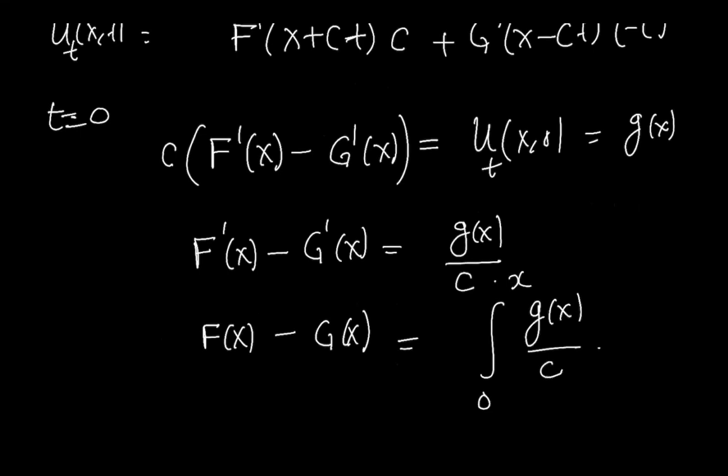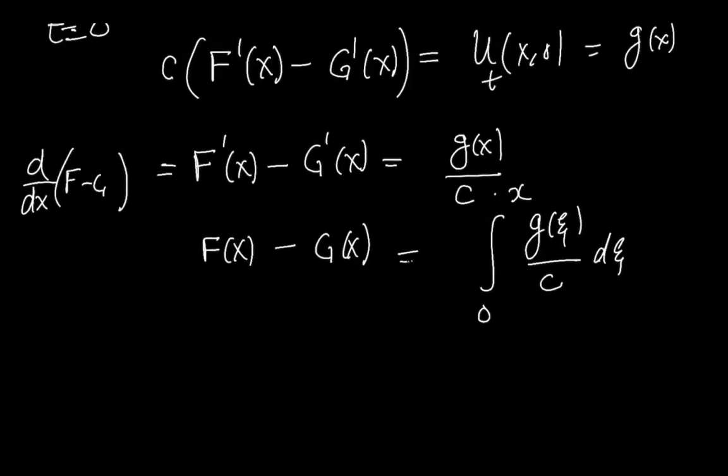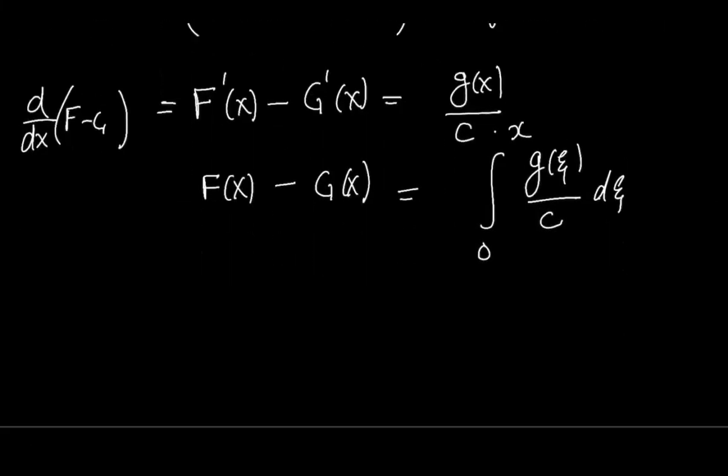I can change the variable of integration, say to s, because you don't want the same limit and the same variable, so you just change the variable inside. This can also be written as d over dx of (F minus G), and then you integrate both sides. Instead of writing the constant, I integrated from 0 to x, because the fundamental theorem of calculus tells us to do that.